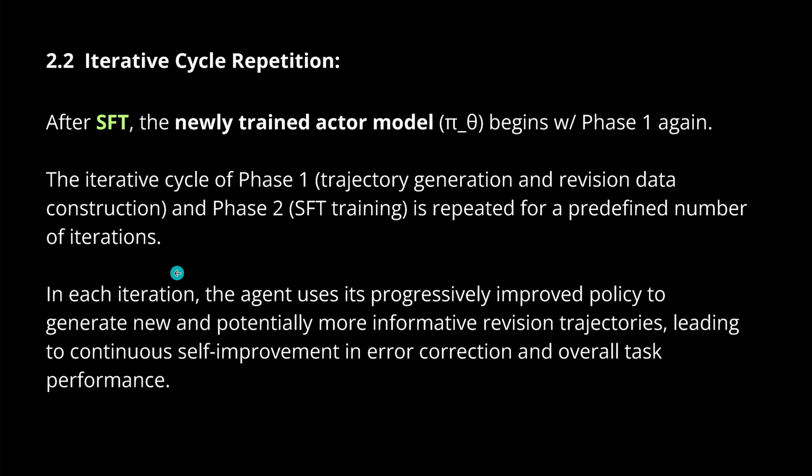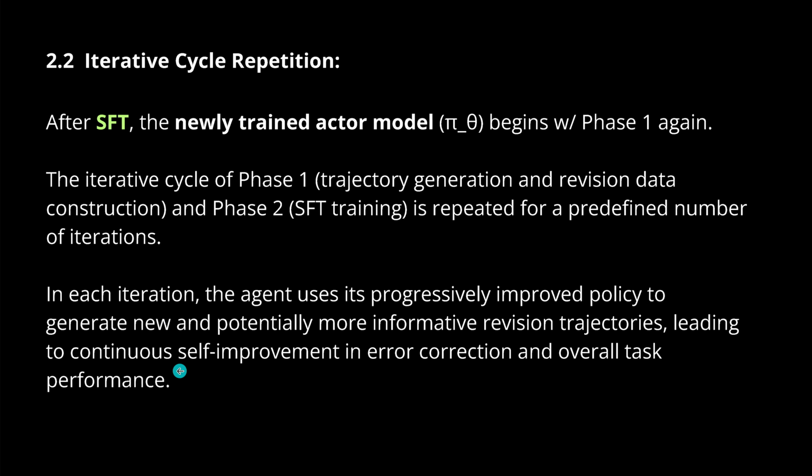Because in each iteration here, the agent uses a progressively improved policy to generate new and potentially more informative revision trajectories, because it knows where its action failed and therefore has to find or substitute better actions if they utilize here the policy.